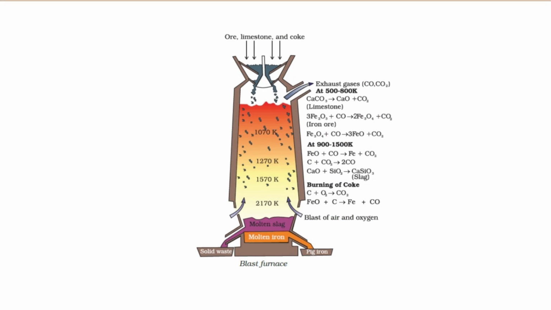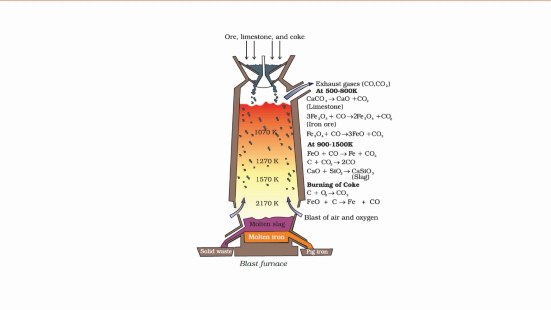The iron oxide ore is mixed with limestone and coke and fed into the top of the blast furnace. From the bottom of this furnace, hot air is blown. As the mixture of ore, limestone and coke moves down, they decompose to give metallic iron.